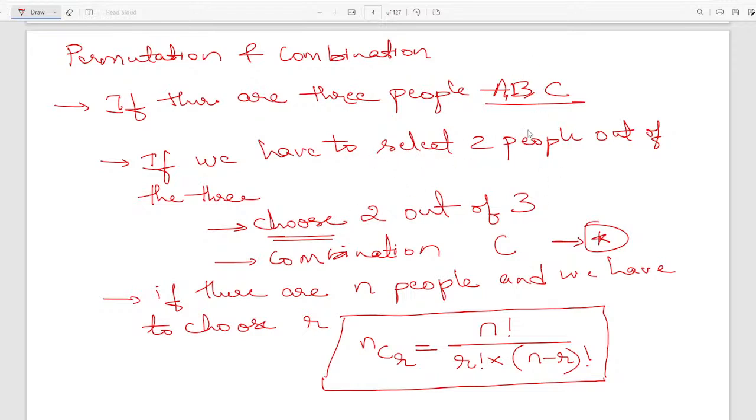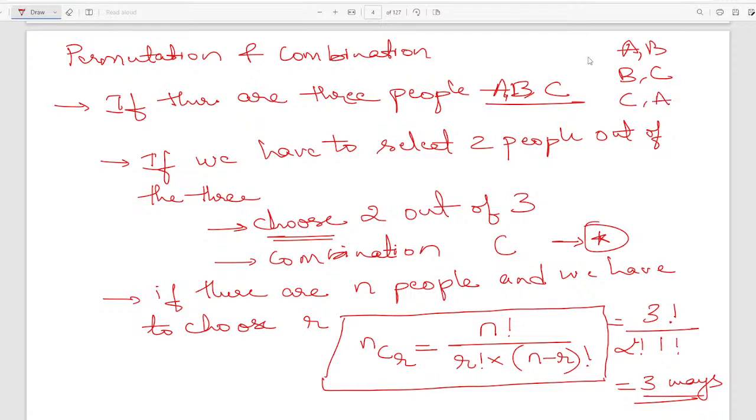Here this would be 3 factorial divided by 2 factorial times (3 minus 2) factorial, which is 1 factorial. This is three ways, that is AB, BC and CA. These are the three possibilities.